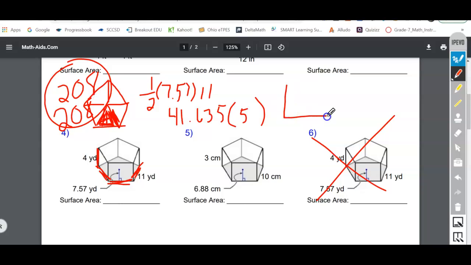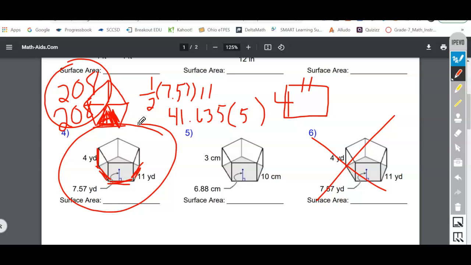Then we also have rectangles. What are the dimensions of the rectangles? 11 and 4. We're still on this image. The 7.57 doesn't have any impact on the rectangles.